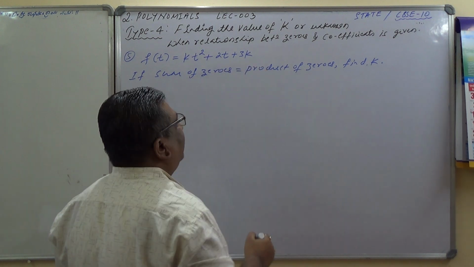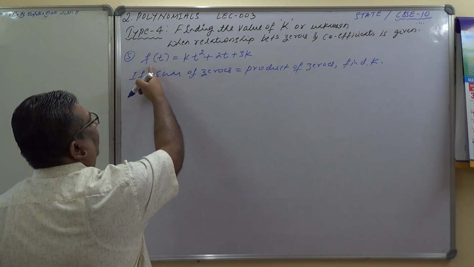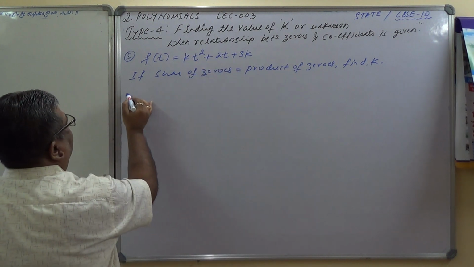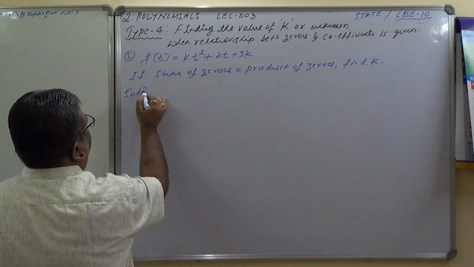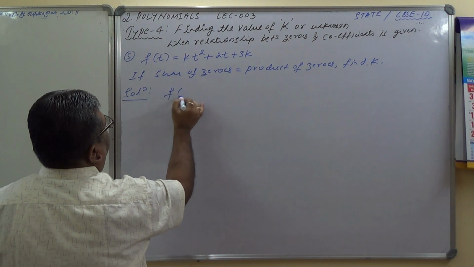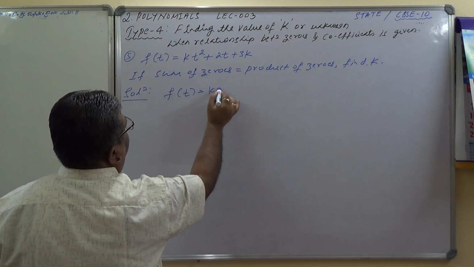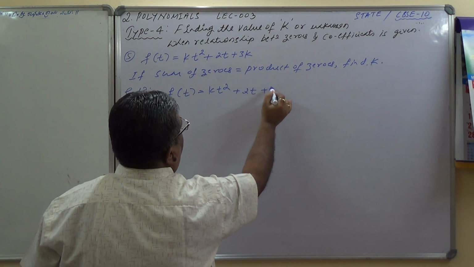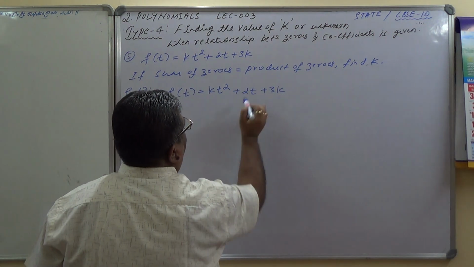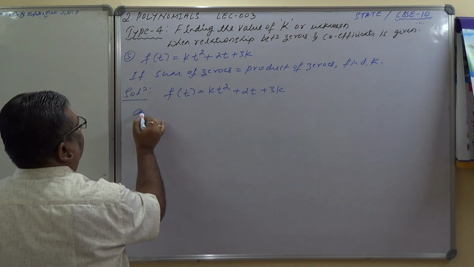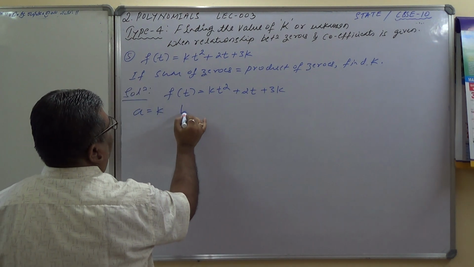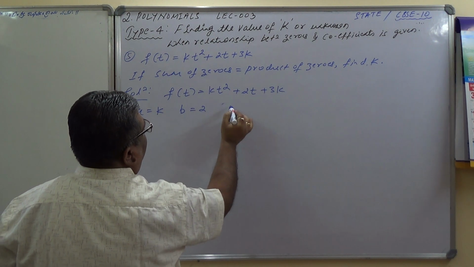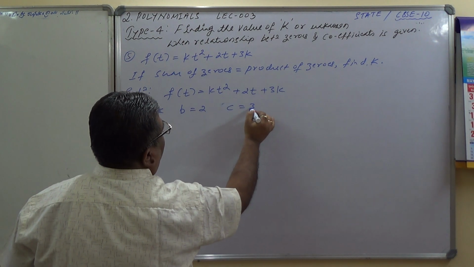Here k is unknown. F of t means polynomial in variable t here. So let us see here. Solution. F of t is given as kt square plus 2t plus 3k. From this, a equals k, b equals 2 and c is equal to 3k.